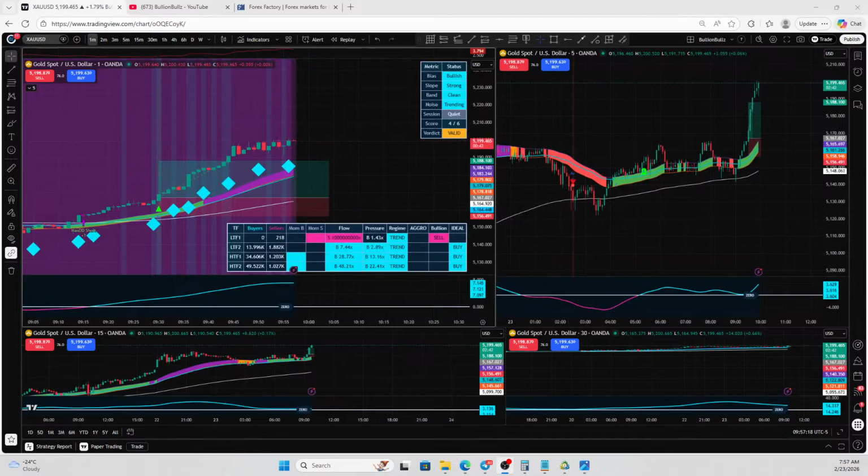And based on our experience with the indicator, with the system that we have developed here, we have categorized our setups, and we will only try to take A setup and A plus setup on our streams.